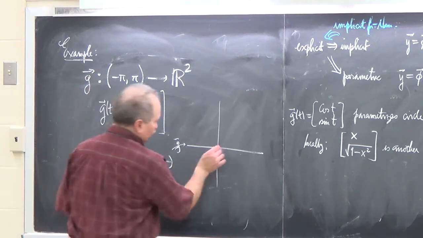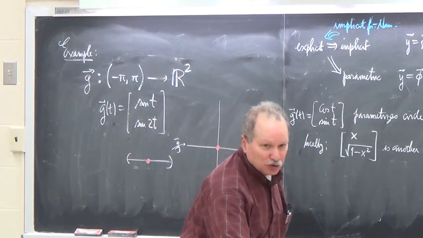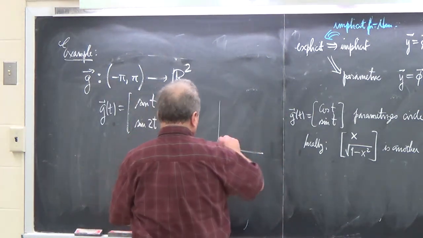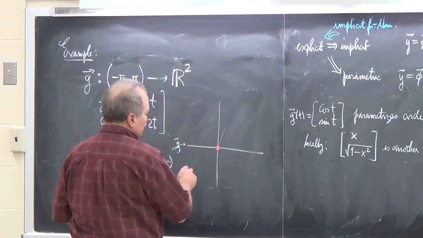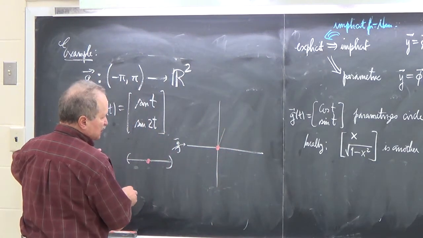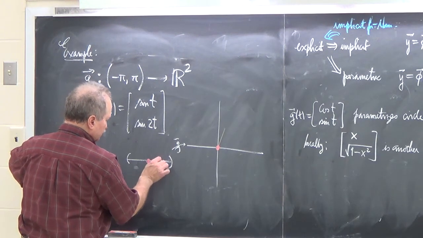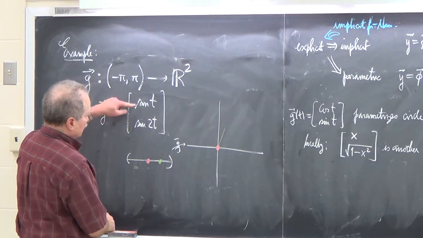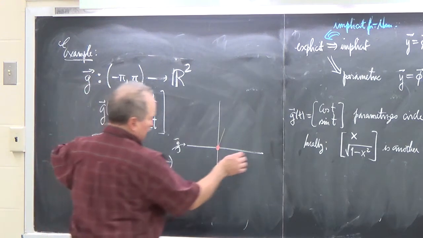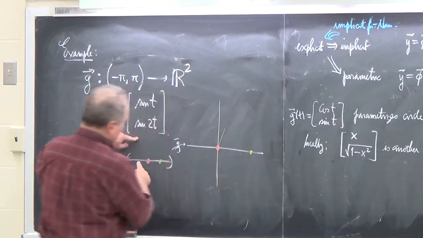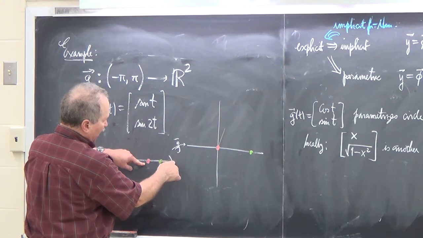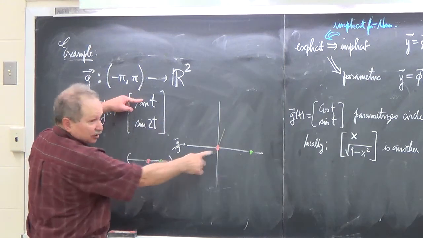It's headed uphill with slope 2. Now, what happens when I hit pi over 2? There's that 1, 0. And then as I go up to pi, it comes back to 0, 0.